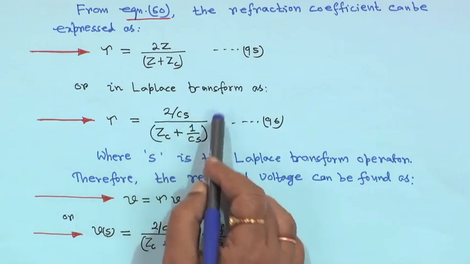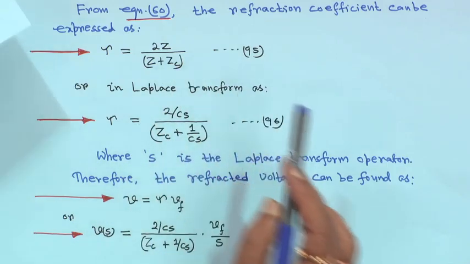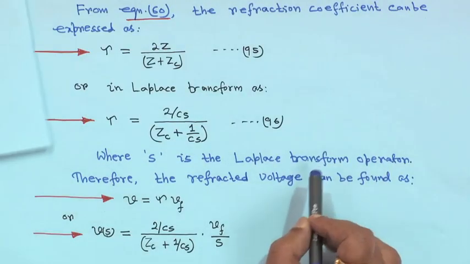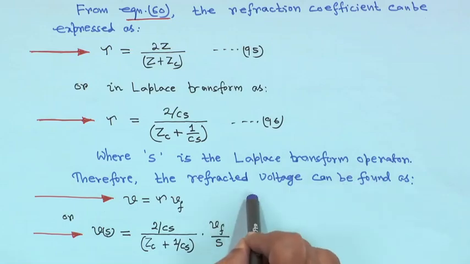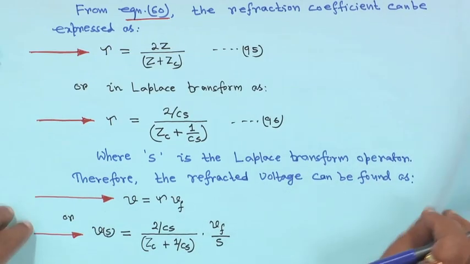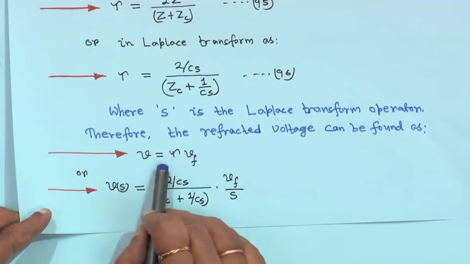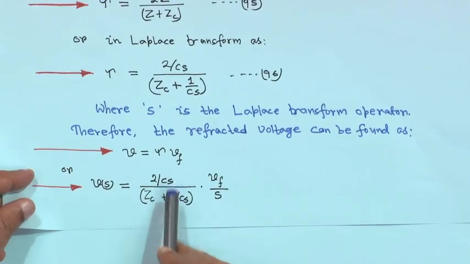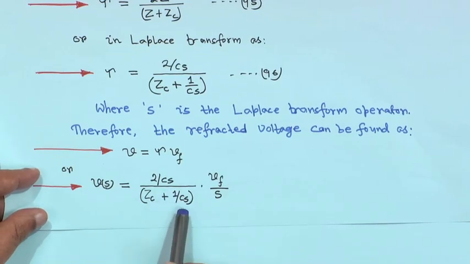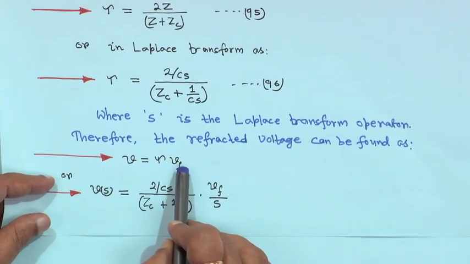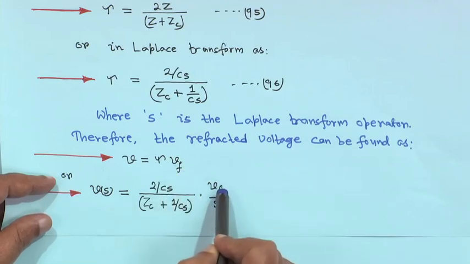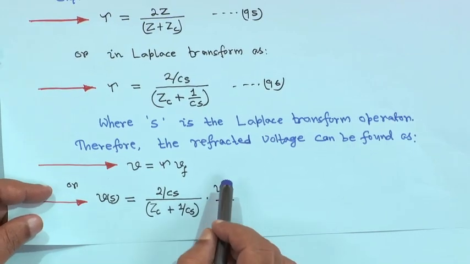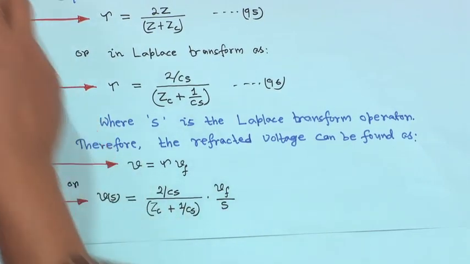Therefore, the refracted voltage V is equal to tau into Vf, and so Vs is equal to 2 upon Cs divided by Zc plus 1 upon Cs. It is a step disturbance, so Vf is replaced by Vf upon S, because we have assumed a step function.